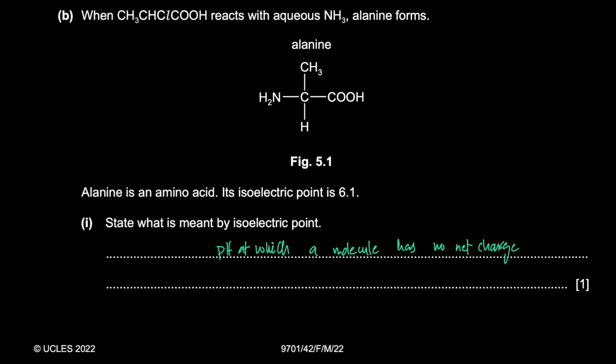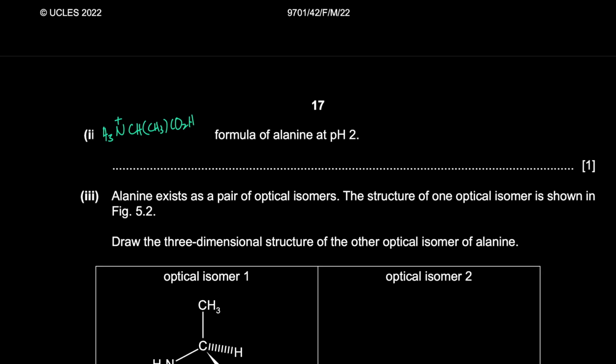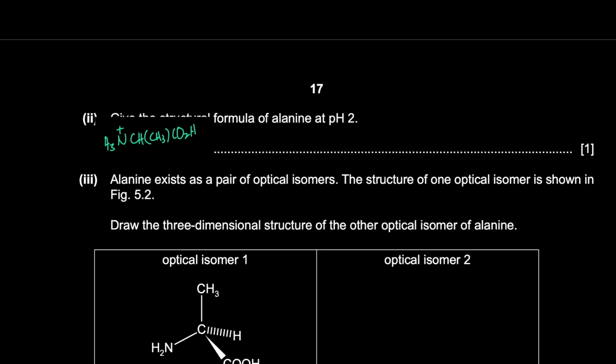So what do we have here? We have an NH3 plus, and then we have a CH3 CO2H. So this is the structural formula of alanine at pH 2. Okay.